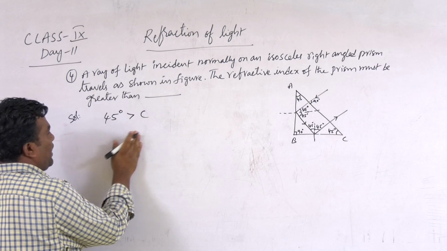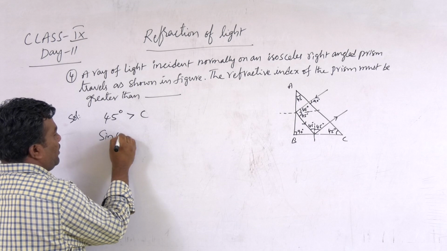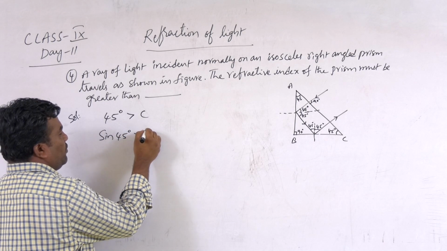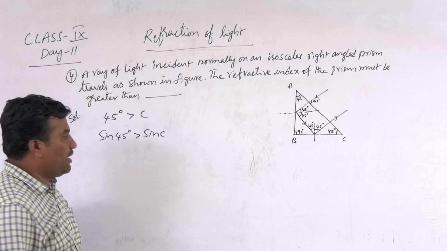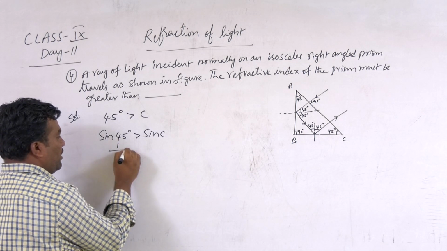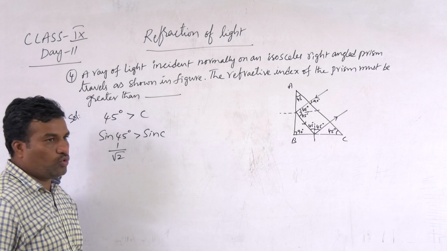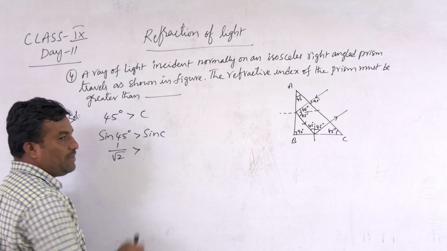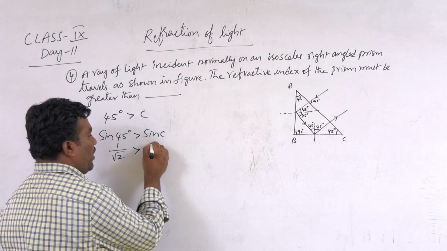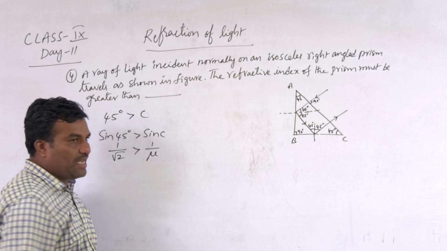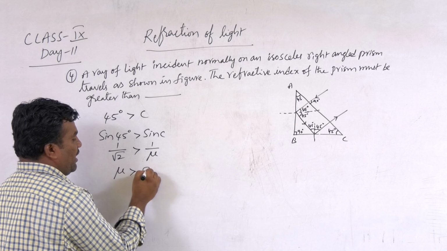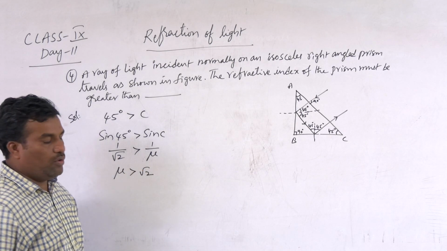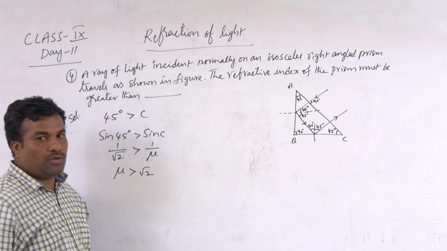So applying the sine, sine 45 is greater than sine C. Sine 45 means 1 by root 2 is greater than sine C, and sine C equals 1 by mu. Now mu is greater than root 2.